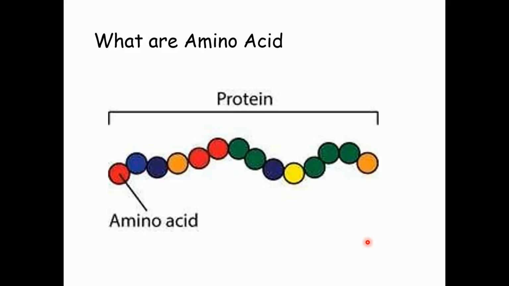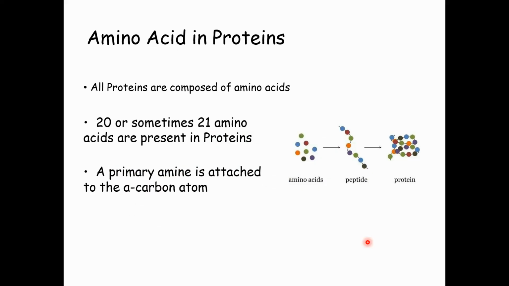So protein is a macromolecule, and protein also acts like a biomolecule because it has biological activity in our body. So you just have to understand here that amino acids, when joined together, make a protein molecule.